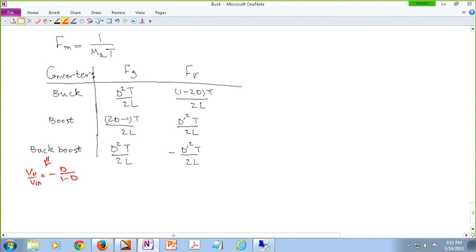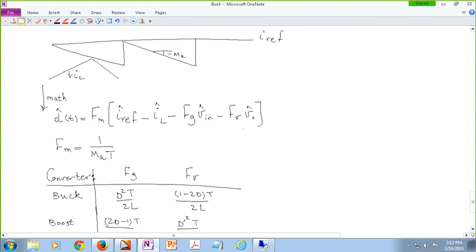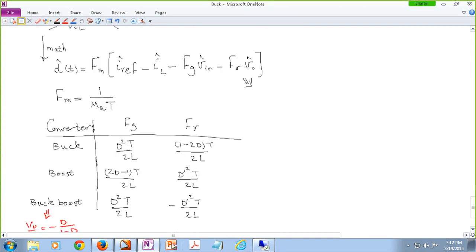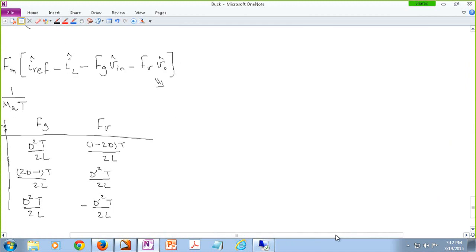A lot of times when you open a small signal model paper, you see a diagram like this, which is like a circuit equivalent of the equation I have up here. If you want to draw an equivalent circuit model for this equation, you're looking at something like this. This is D, the output goes to the converter or the small signal model.